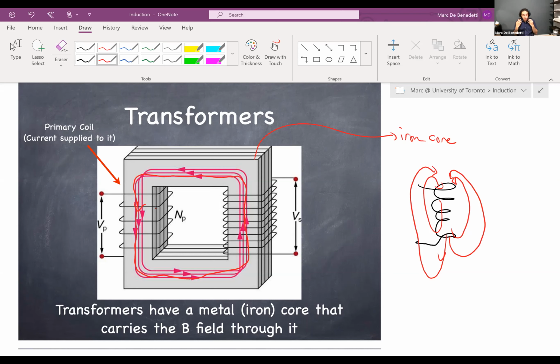The reason why this is helpful is because now we have a very concrete, reliable, robust, dependable way to have the magnetic field generated by the primary get funneled through. So let me draw an arrow here.